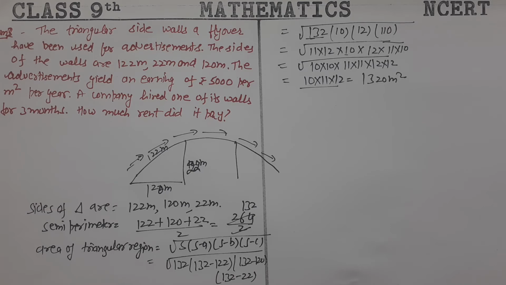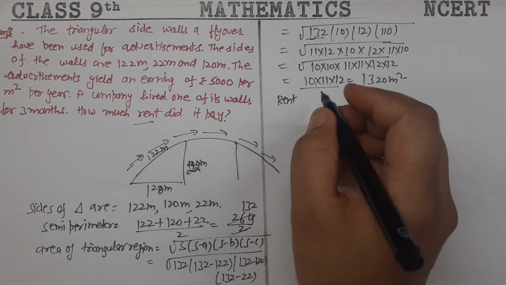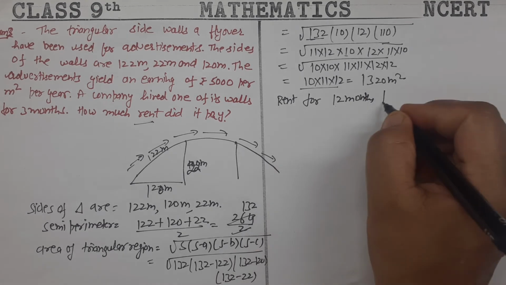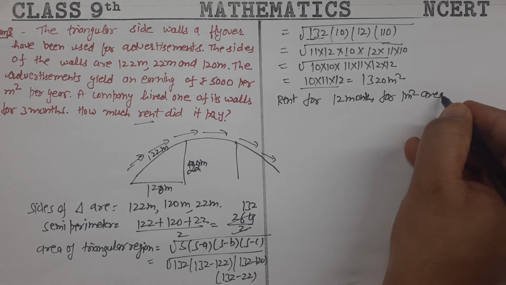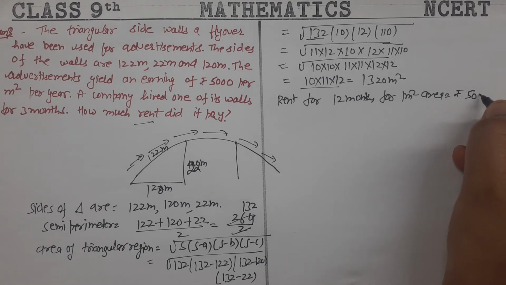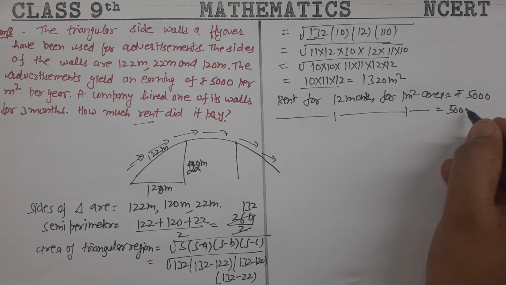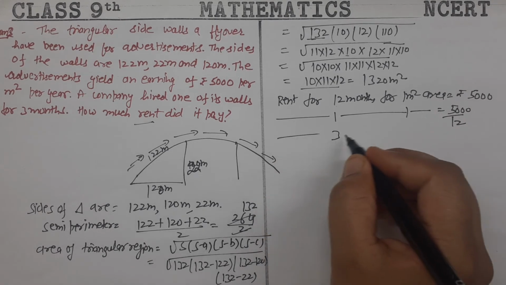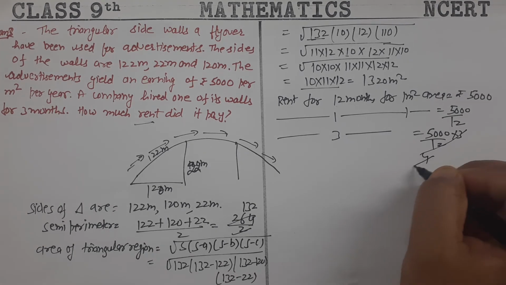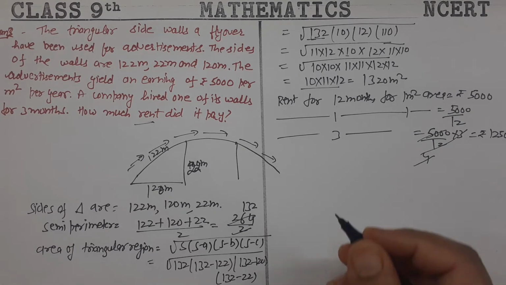Now we have to find the rent. Rent for 12 months for 1 meter square area is rupees 5,000. Rent for 1 month for 1 meter square area is 5,000 by 12. Rent for 3 months for 1 meter square area is rupees 1250.